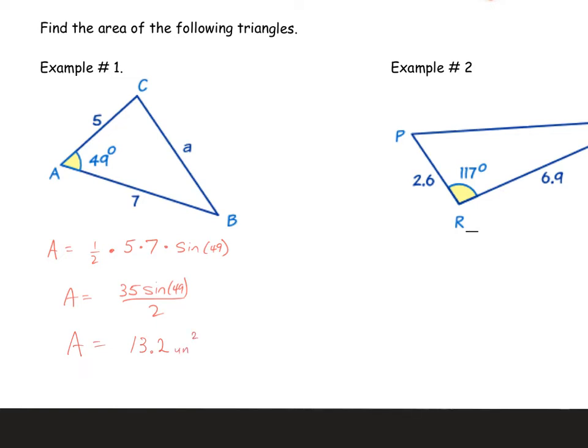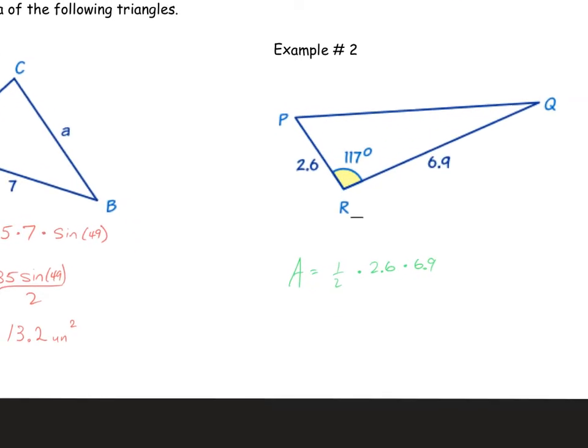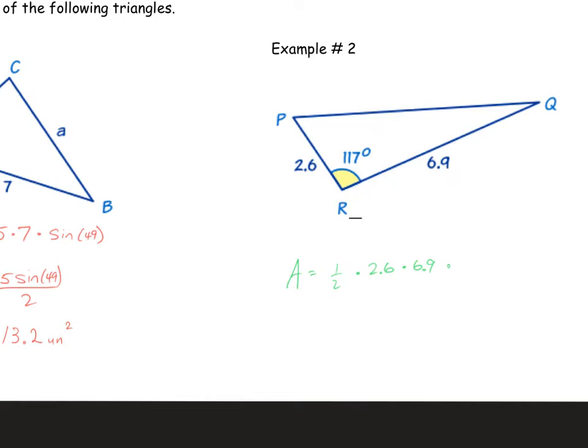Looking at our second example, area is equal to 1/2 times 2.6 times 6.9 times the sine of 117 degrees.